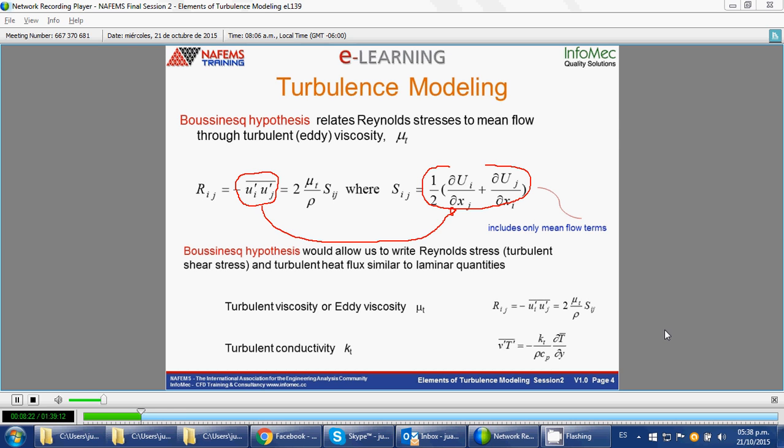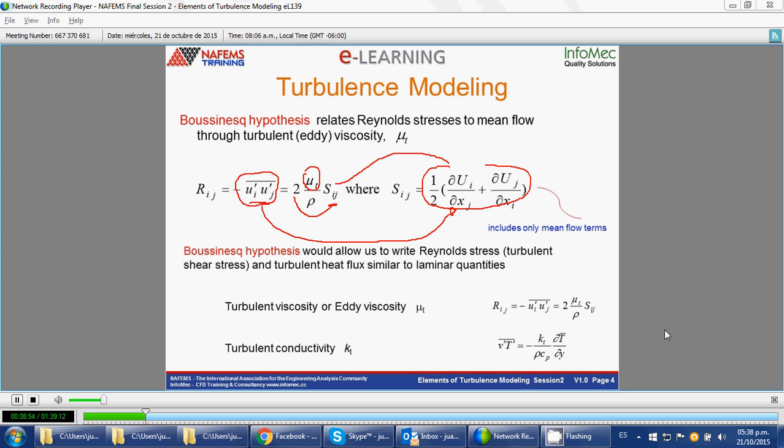So we say the Reynolds stress is related to this velocity gradient with the help of this mu t, which we call turbulence viscosity or eddy viscosity. So now we've got a relationship between Reynolds stress and velocity gradient with mu t in there.